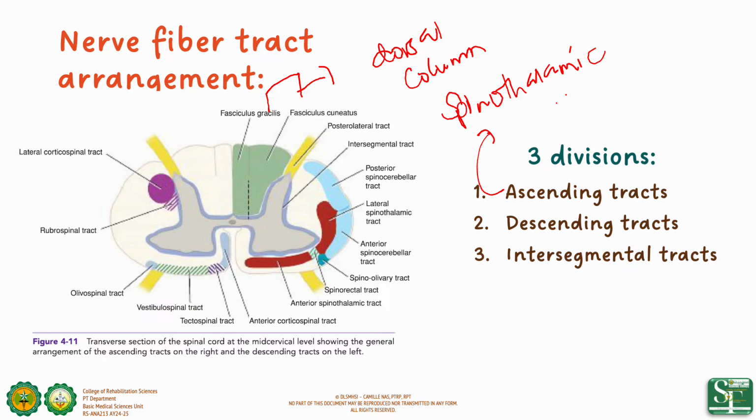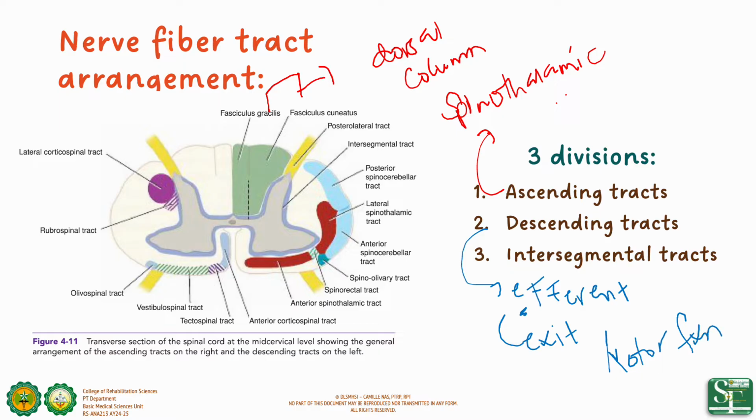Okay, how about the descending tracts? Pag descending tracts, sila yung efferent na function. E meaning ine-exit, no? Nagbibigay ng effort, sila yung nagpapakontract ng muscles. Ito yung mga motor function. An example na lang nito ay yung nag-iisang corticospinal tract. That's a descending tract.